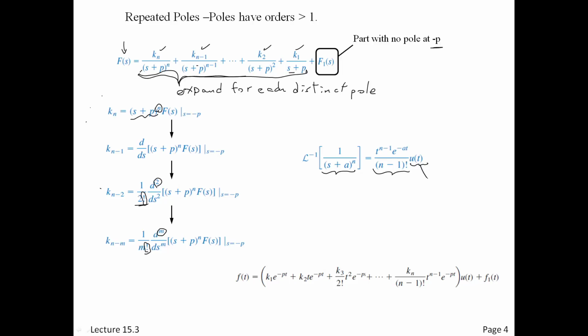We've carefully saved all of this. Right, there it is. We got all of this out here, and we've just tossed him in and said, oh, well, that's f1 of t when I get around to finding out what that is. Right, I may have to do the inverse Laplace on some other portion of this.